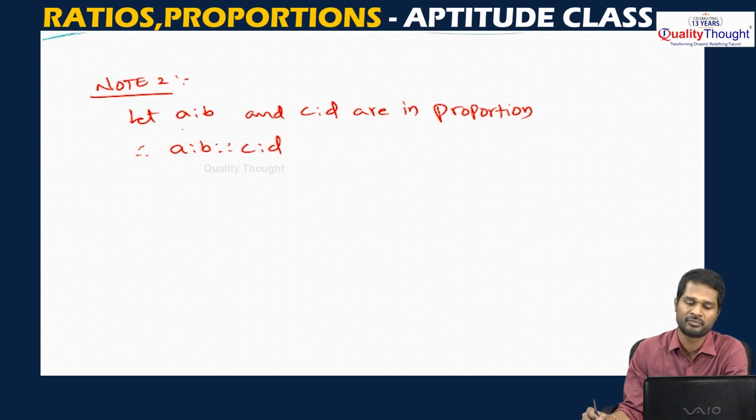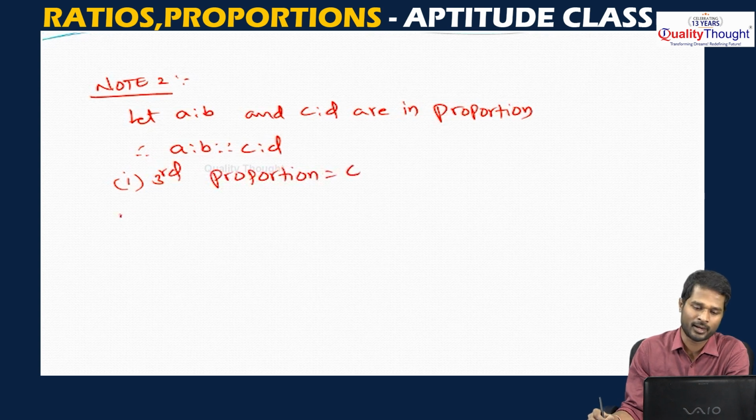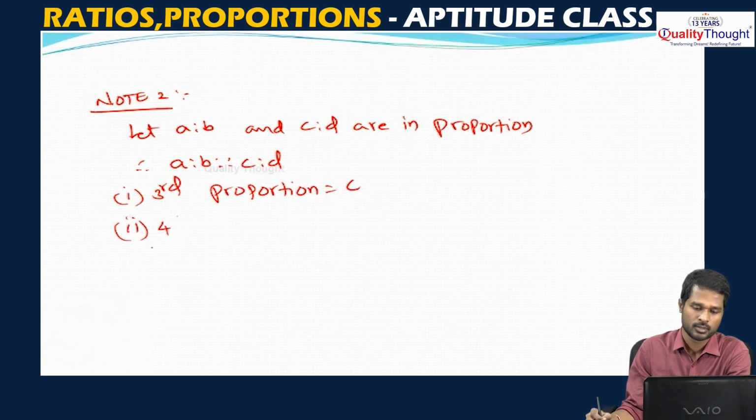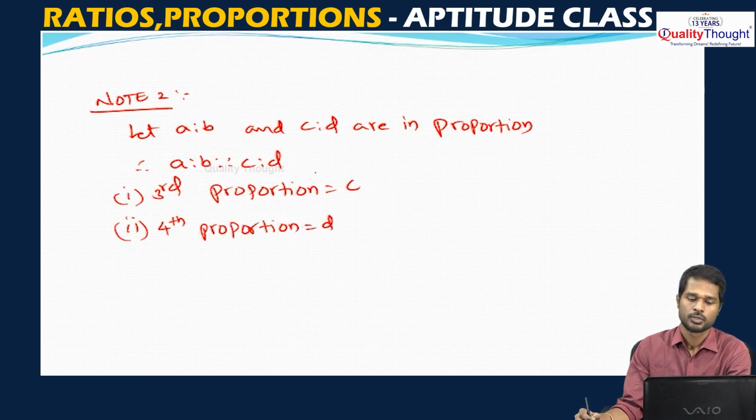Now, the third proportion is C and the fourth proportion is D. This is the third proportion, this is the fourth proportion.